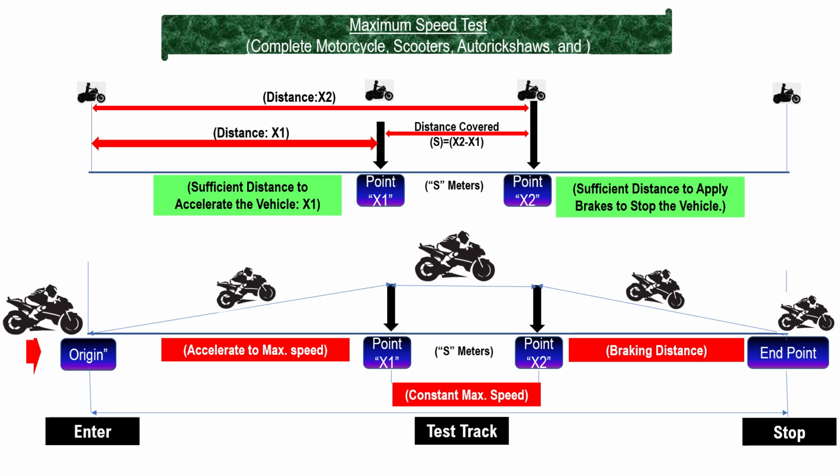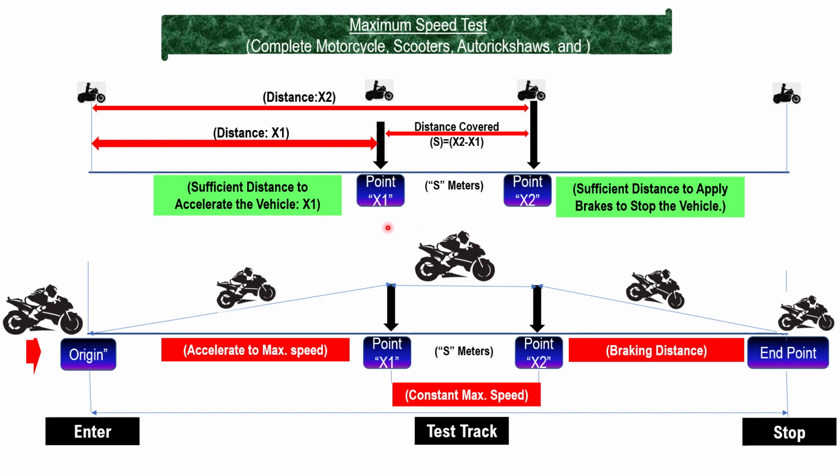As you can see from this illustration of the test track, this is the starting point or the origin. The motor vehicle enters at this point. From this point to X1, a sufficient distance has been provided to accelerate the motor vehicle.